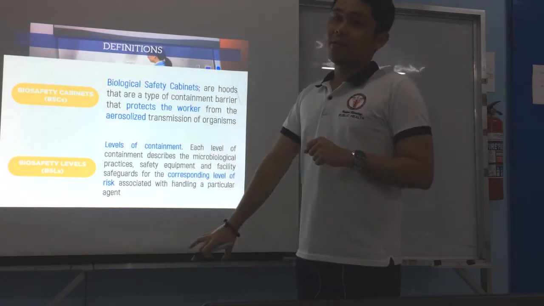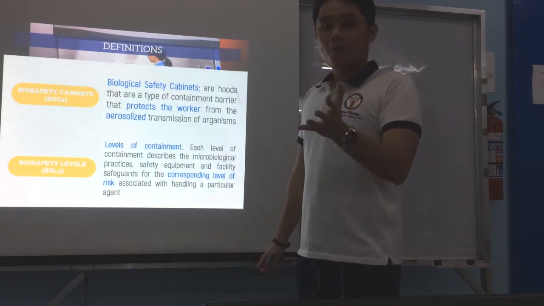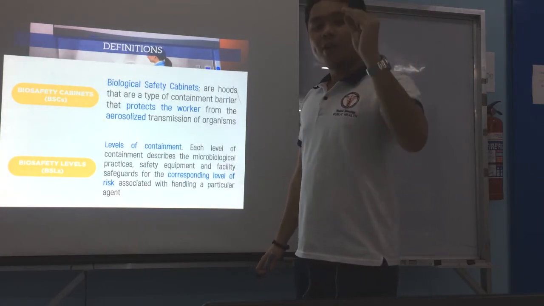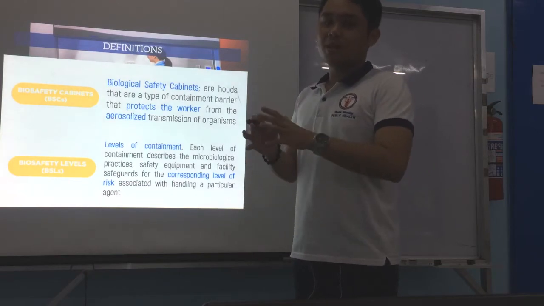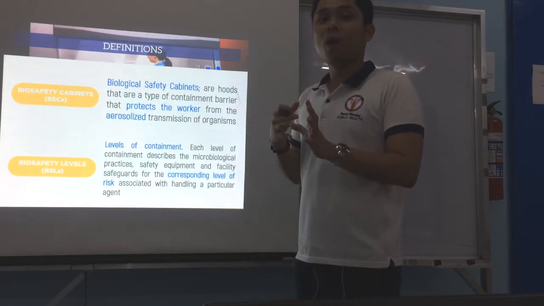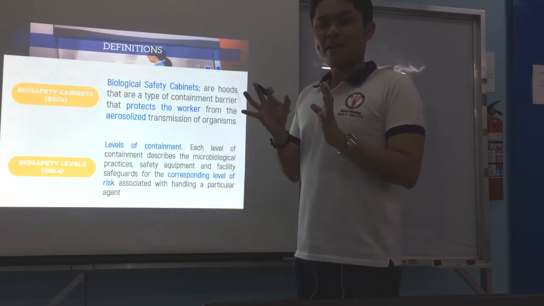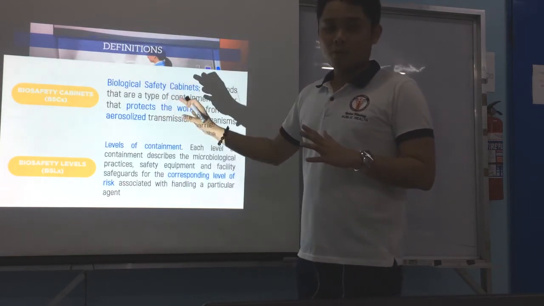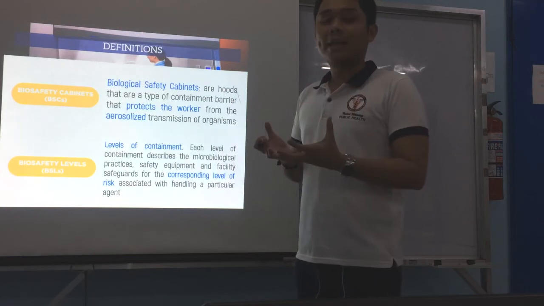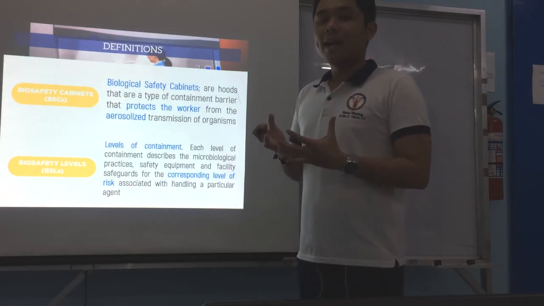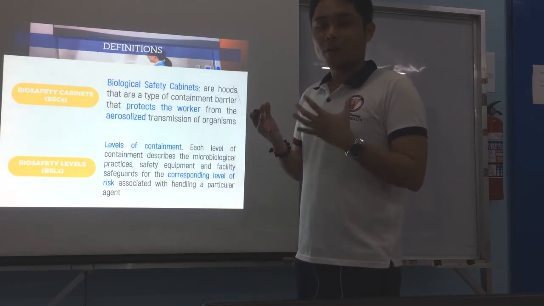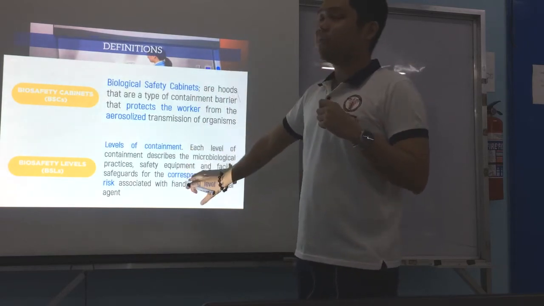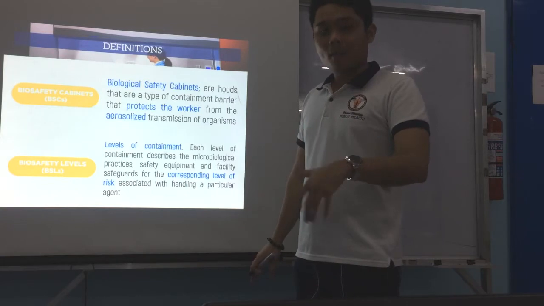Each biosafety level has different example organisms, considered as BSL 1, 2, 3, or 4. That's the main difference between BSCs and BSLs. BSCs are equipment used in the laboratory to protect the worker from aerosolized transmission and also the environment. And lastly, biosafety levels are levels of containment.